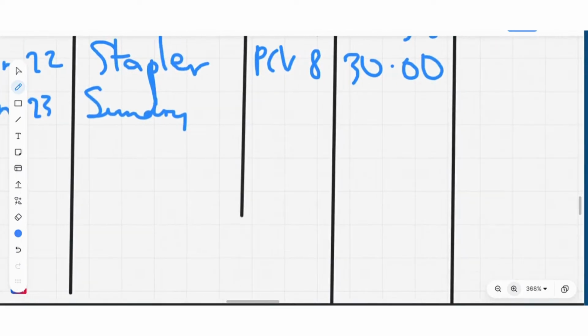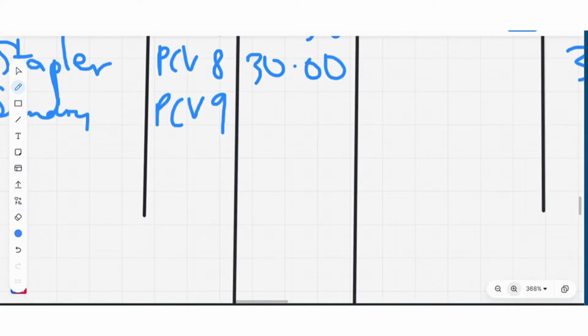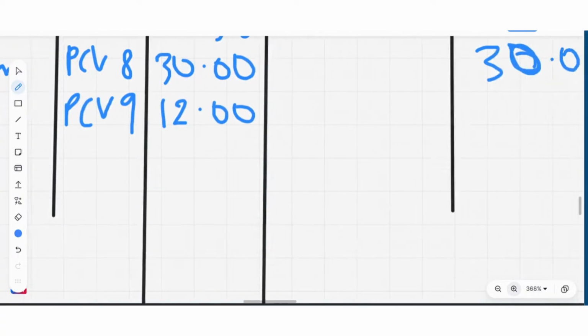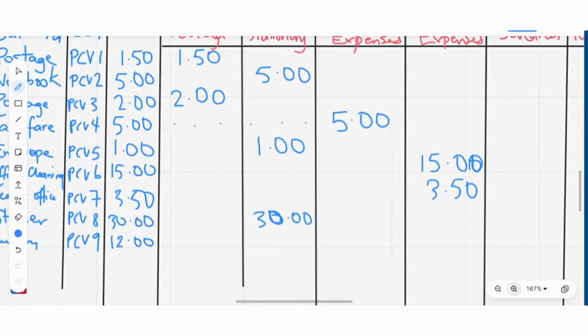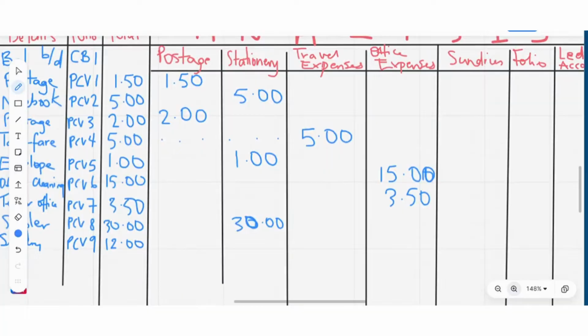You have to put the word item there if you want to, but because of space, petty cash voucher number 9 amounting to $12, and the analysis column, this will go straight over to the sundry. The sundry is right here, the $12.